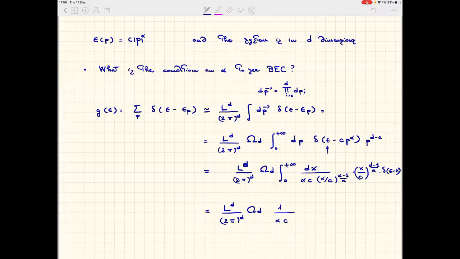Alpha c, then 1, okay, so then I will get epsilon over c to the power d minus 1 minus alpha plus 1 over alpha. So this goes with that.